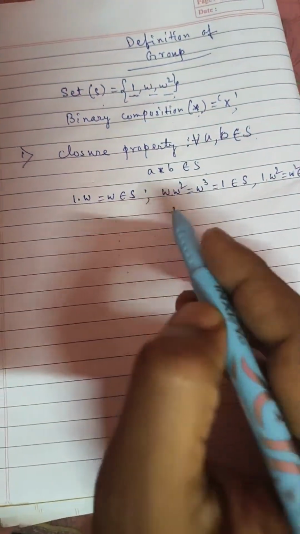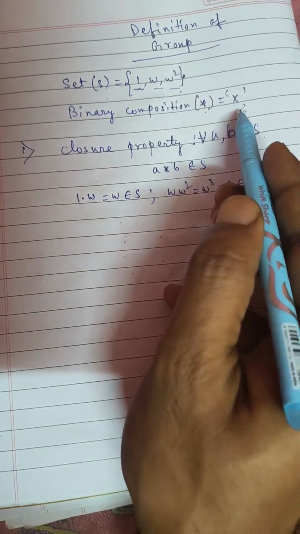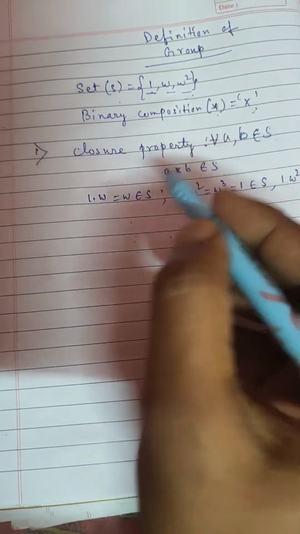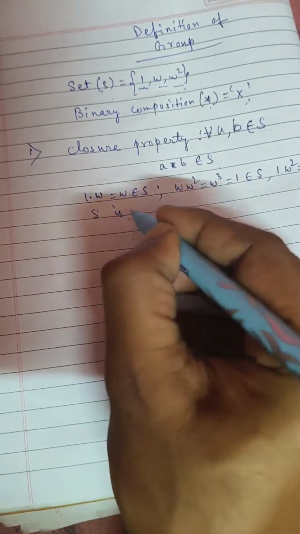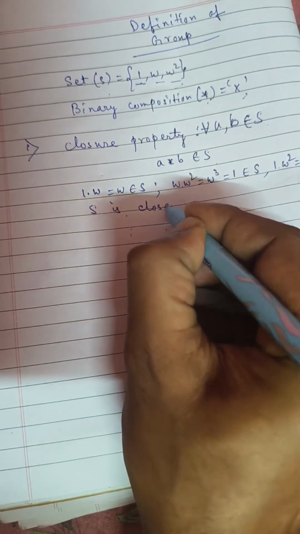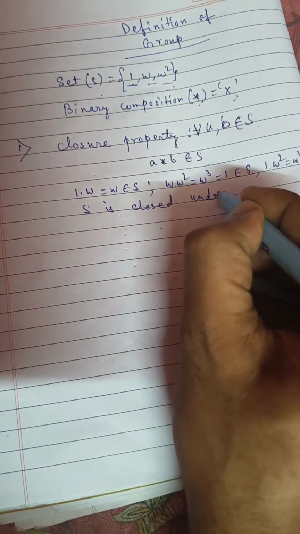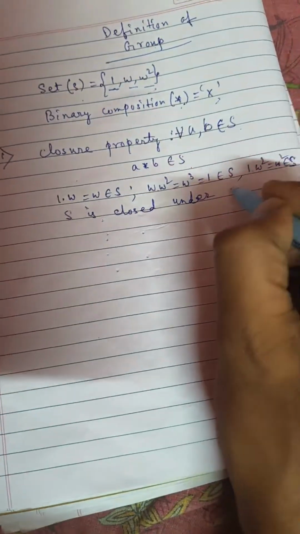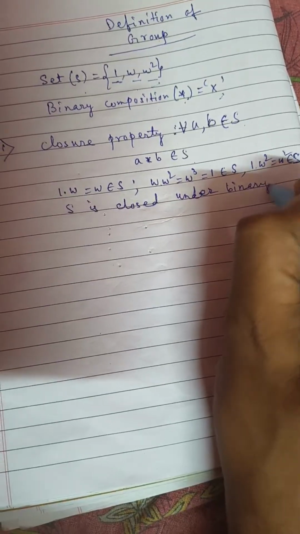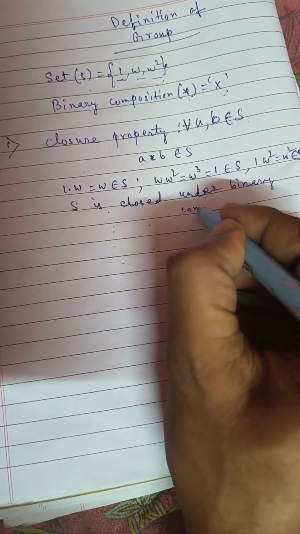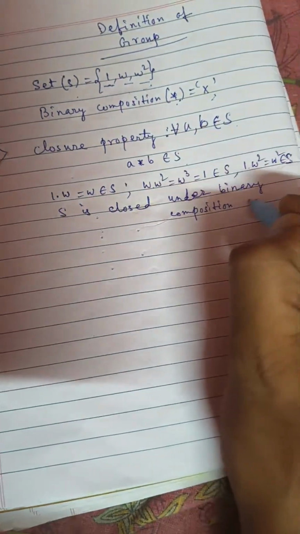So we say that S is closed under binary composition multiplication.